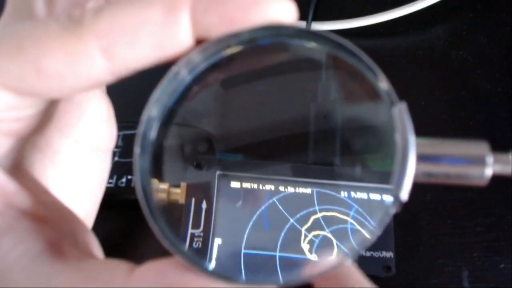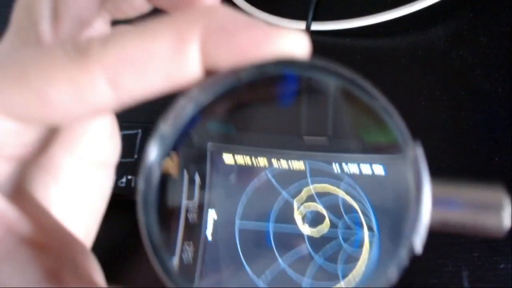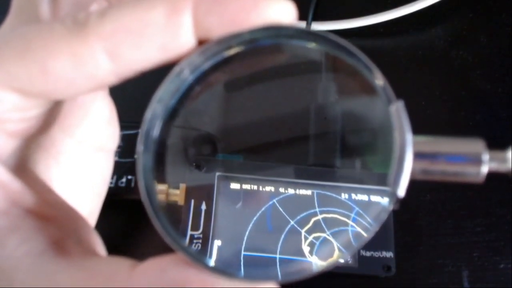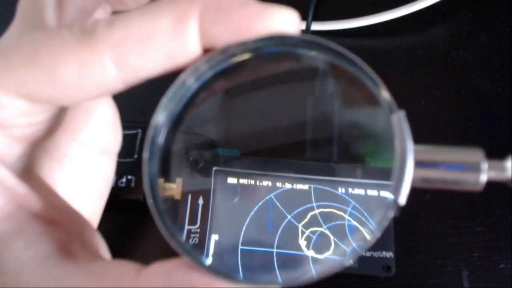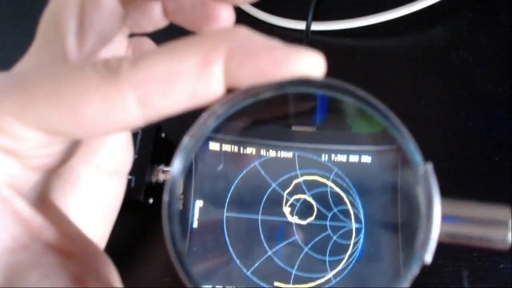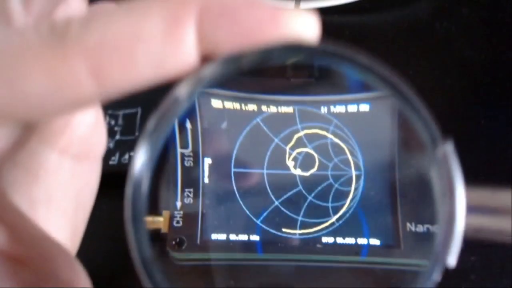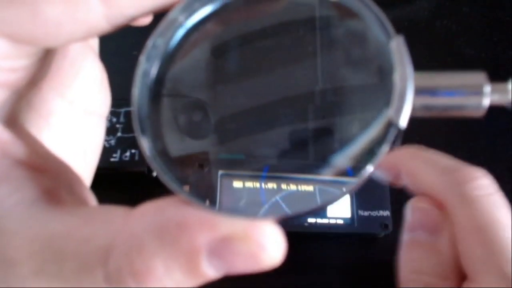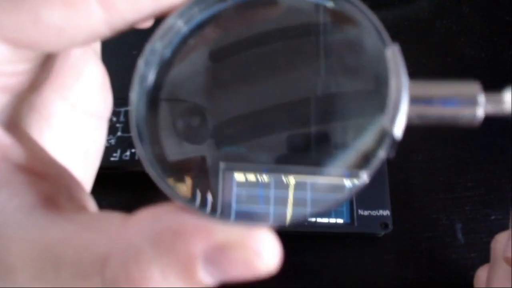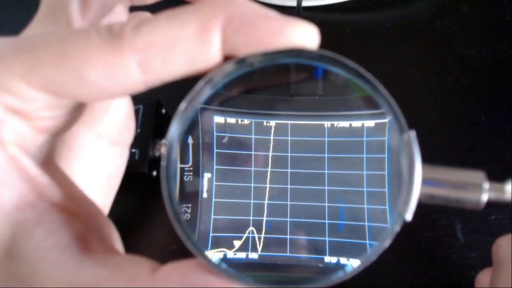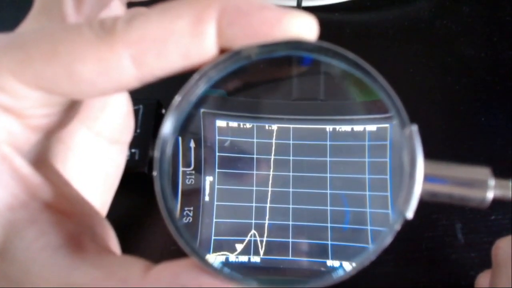The Smith chart says 41.3 ohm and 125 nanohenries, if you can see. Other types of visualization are the SWR. It is saying 1.26 at the moment.